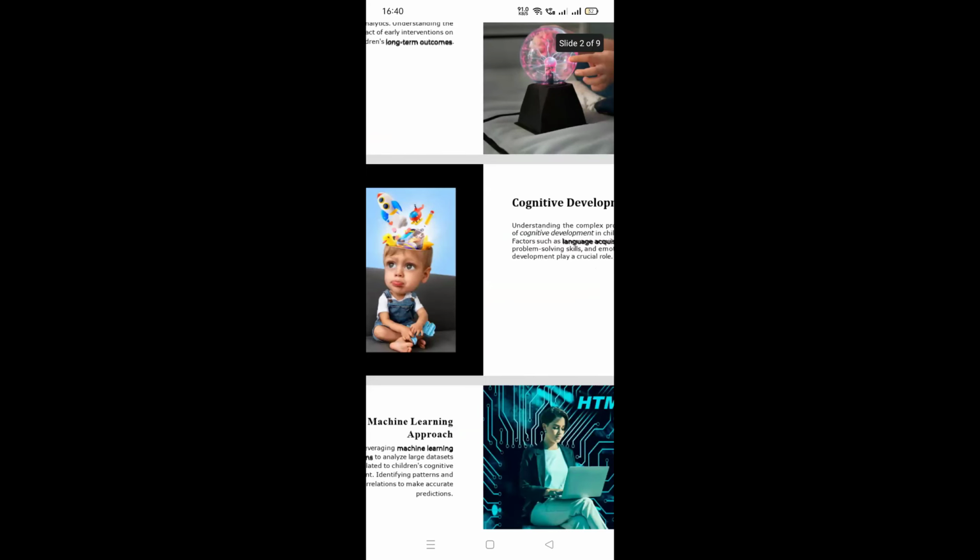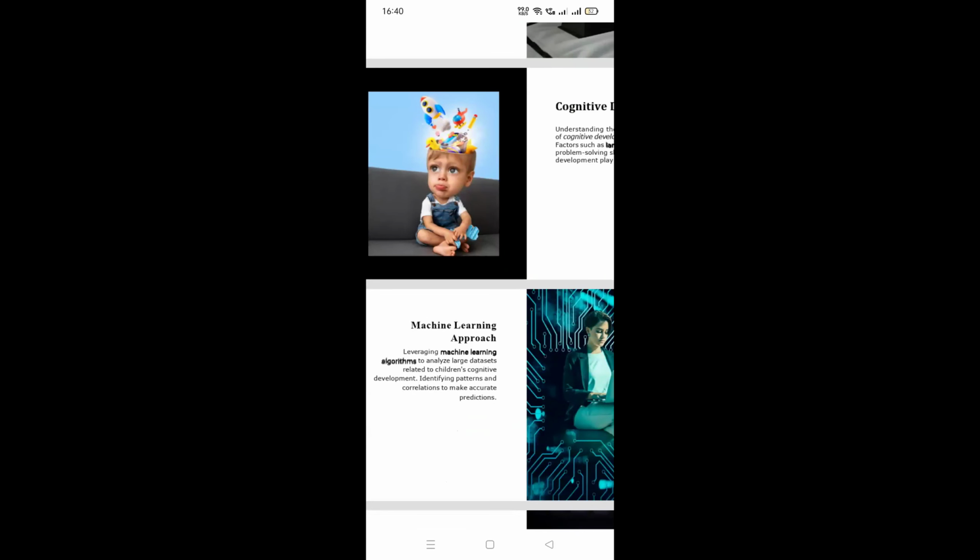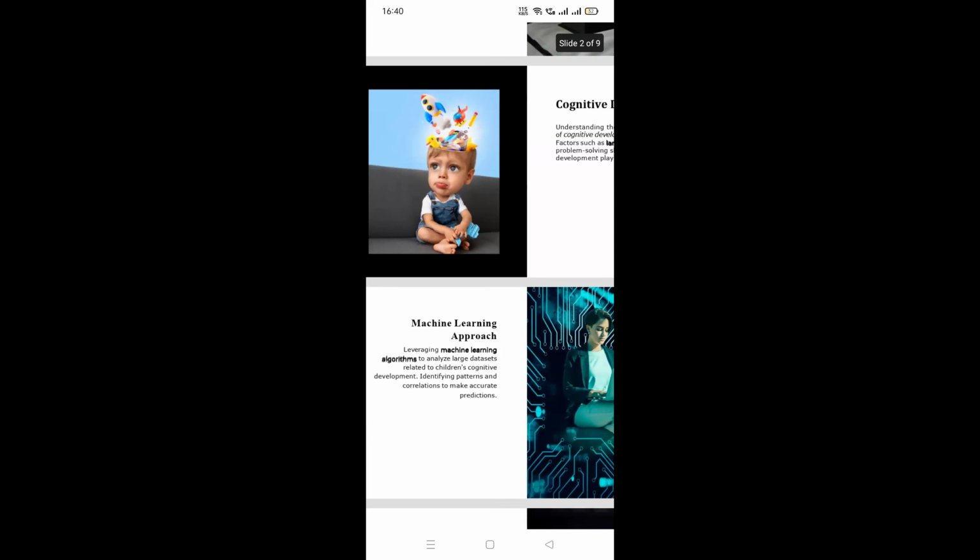The machine learning approach for this subject is leveraging machine learning algorithms to analyze large data sets related to children's cognitive development, identifying patterns and correlations to make accurate predictions.